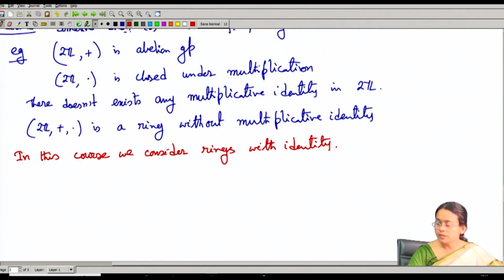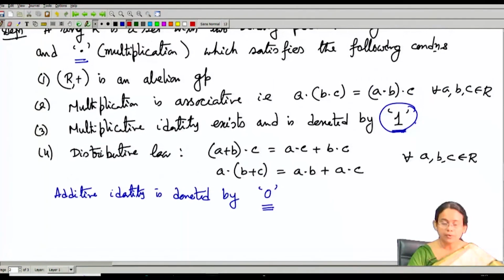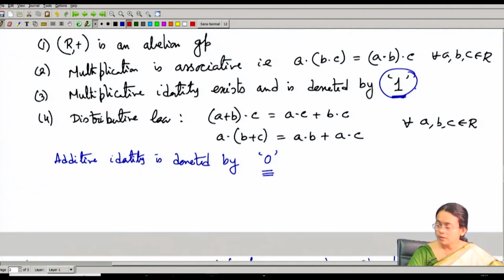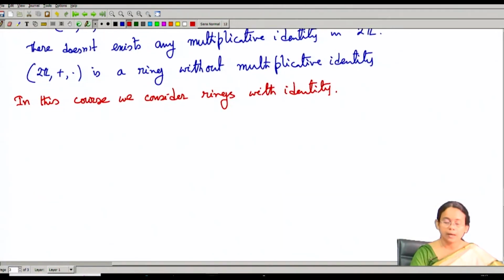Now, besides these 4 properties that I have stated in the definition of ring, I can talk about some extra property, and if that property is satisfied, then we call that ring a commutative ring.